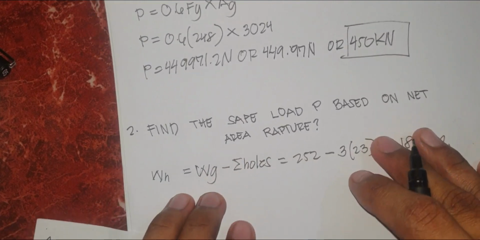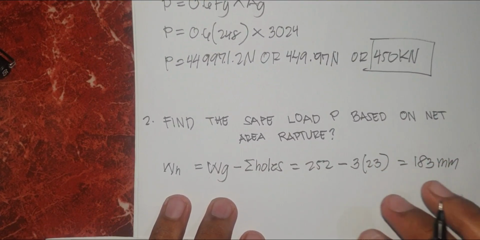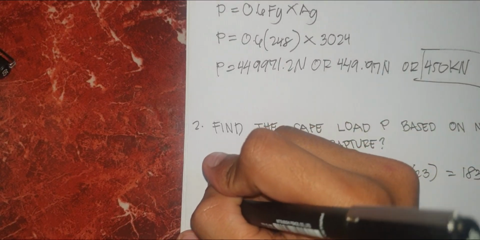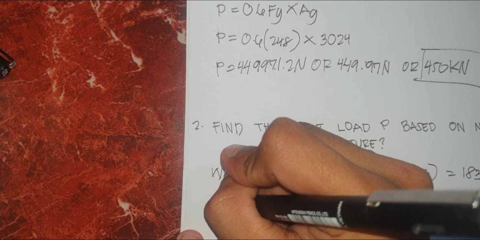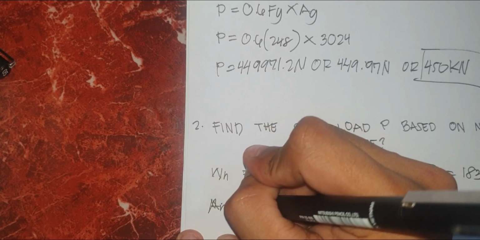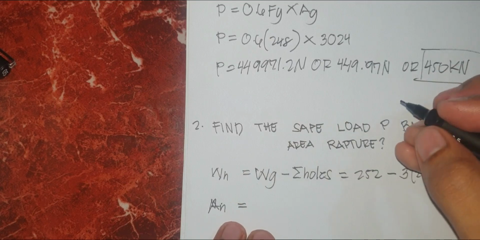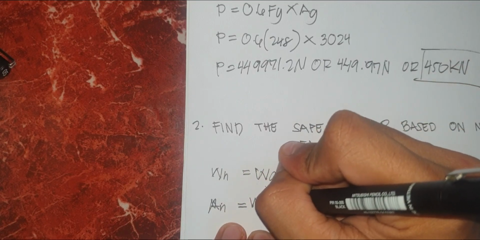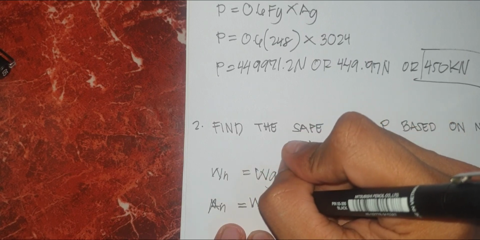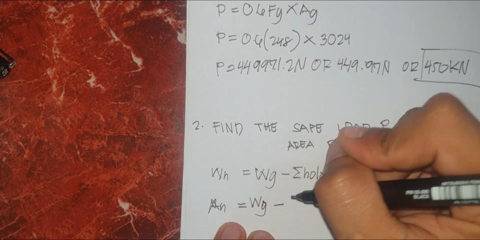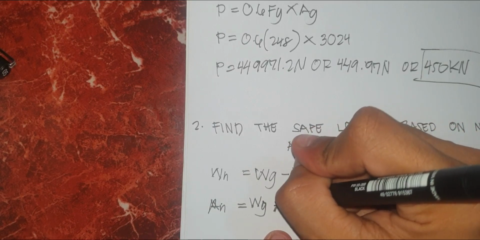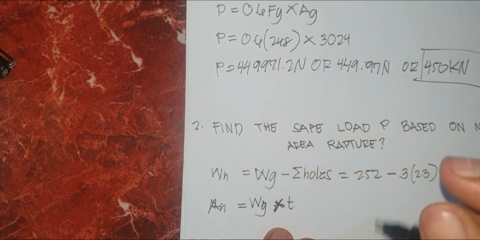Next we need to find the net area. Earlier it was the gross area, and now it is the net area. Net area, AN, equals the net width times the thickness.